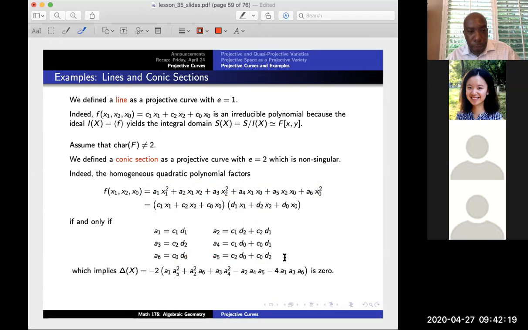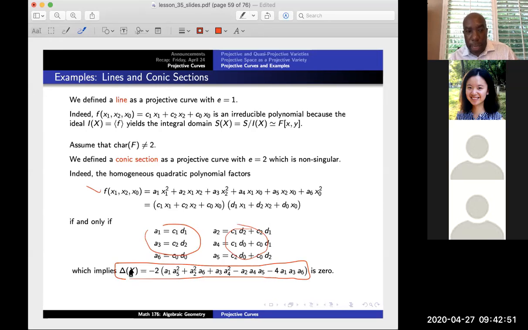However now, remember that here's how we define the discriminant of a conic section. And we said that this discriminant is non-zero if and only if it's non-singular. So to backtrack, here's what we're saying. If our ideal were not prime, then we could factor this homogeneous polynomial f, which means we would have these coefficients, a's, in terms of c's and d's.